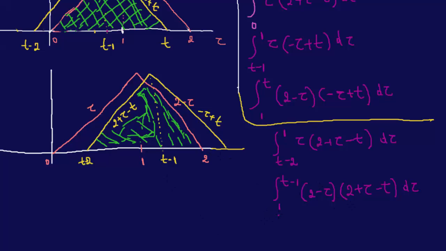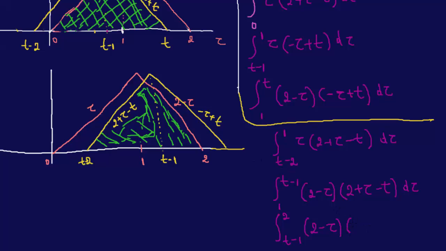And then the final integration part would be between t minus 1 and 2. In that case the pink line is 2 minus tau, and the yellow one, which is our h of t minus tau, in this area is minus tau plus t.